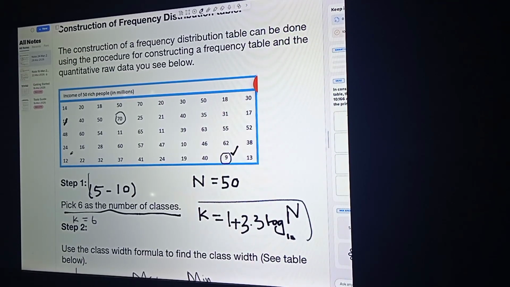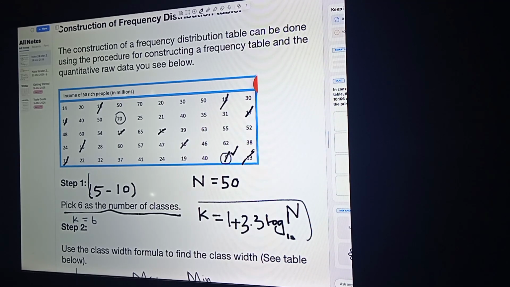This 18, 1, 12, 2, because 18 falls in 9 to 18, 12 falls in 9 to 18, 16 falls in 9 to 18, then 9 to 18, and 9 to 18, and so on. So this is also 9 to 18.